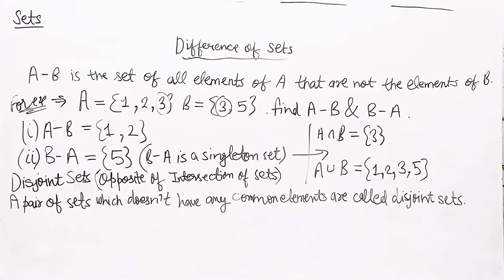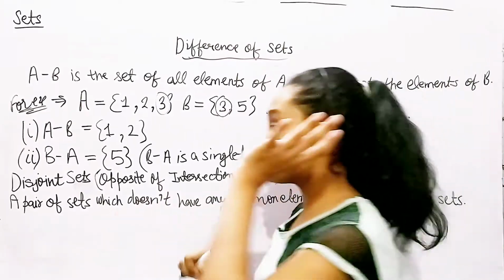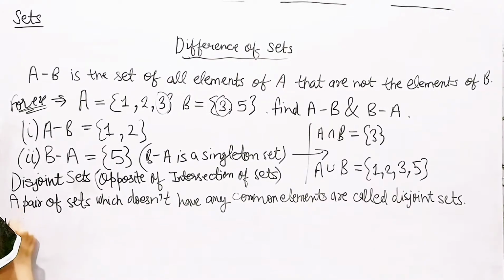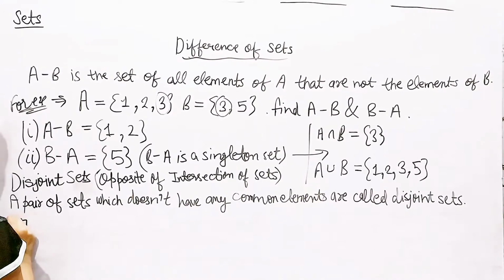Okay, so let's move on to an example. I hope you have understood about disjoint sets, and if not, then let's take the example, and then I'll be pretty sure, and you'll be also pretty sure, that we have understood disjoint sets.